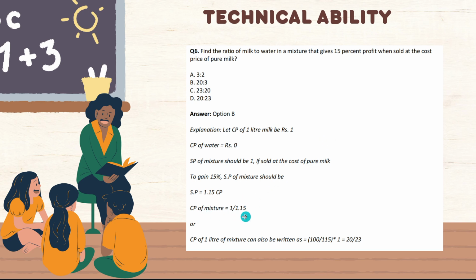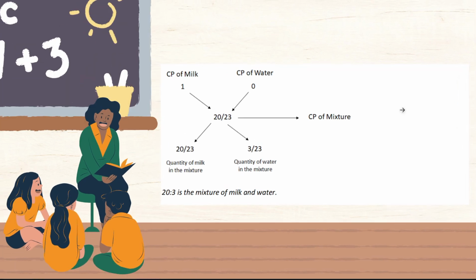The CP of the mixture is 1 by 1.15, or the CP of 1 liter of mixture can also be written as 100 by 115 into 1, which gives 20 by 23. That means the ratio is option B, that is 20 is to 3.